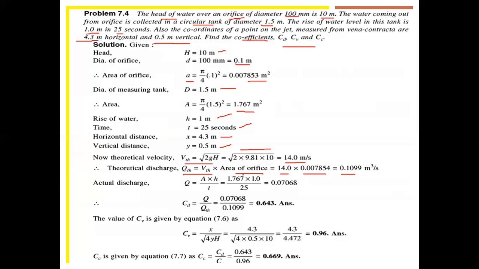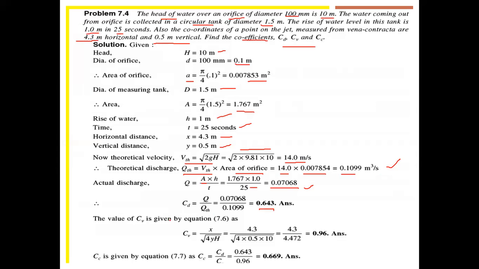Then actual discharge Q is equal to area into H divided by T, that is 1.7 into 1 divided by 25. Then CD is equal to Q by Q theoretical, actual discharge divided by Q theoretical. So we are getting the value 0.643.